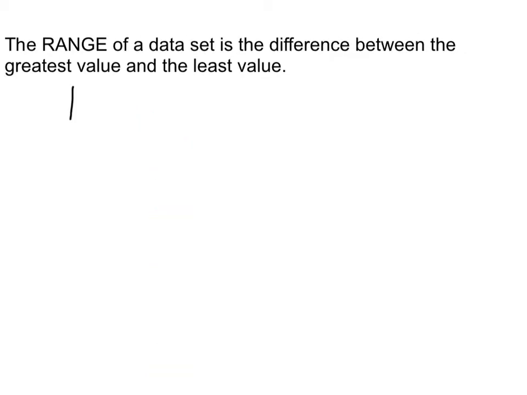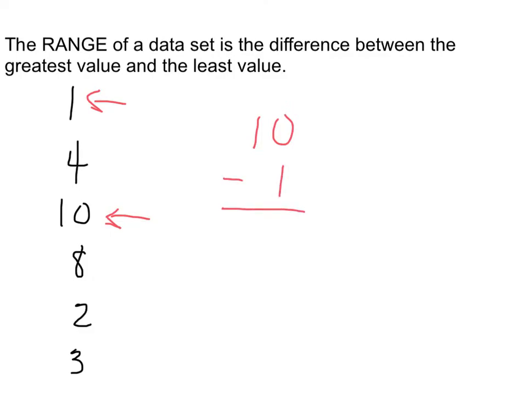The range of a set of data is the difference between the largest or greatest value and the least value. In this case, the largest value is 10, the least is 1. The difference will be to simply subtract them. This is the range, 9.